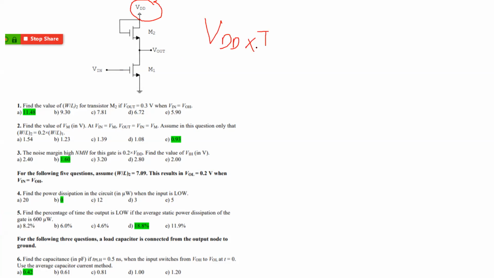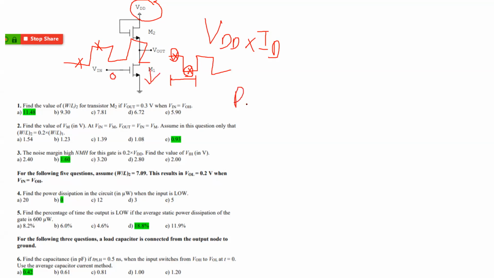Yes. But the input is sometimes low and sometimes high, right? And we are looking at the steady state output, meaning the current during steady state, not the transitioning current. The output will be high or low, right? So in one cycle I will have a certain static power here and here. When the output is high, meaning the input is zero, I have no current, right?